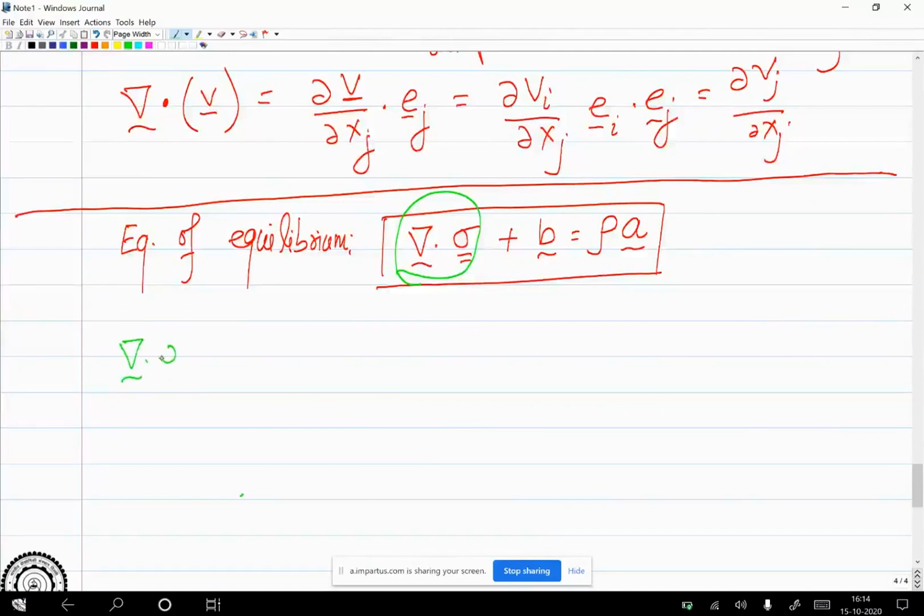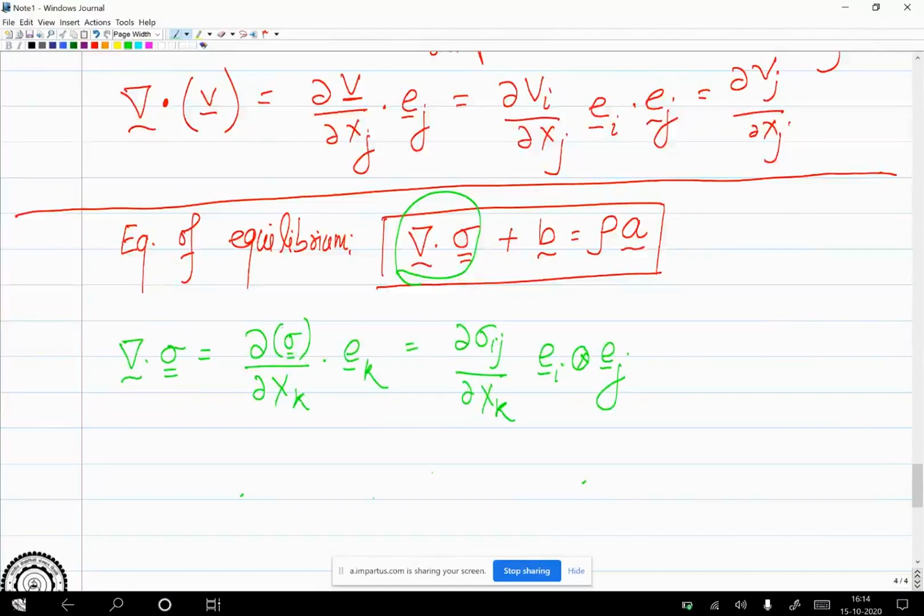So divergence of sigma, based on our formula, is del by del xk of sigma dotted with ek, isn't it? So this becomes del sigma ij over del xk, ei tensor product ej. Remember that this ei ej came out of the bracket because it is not changing with xk.